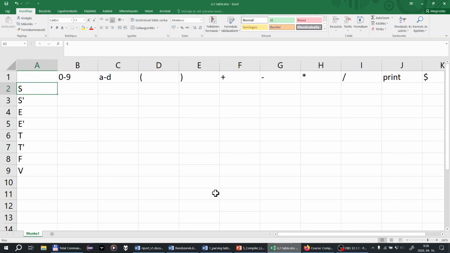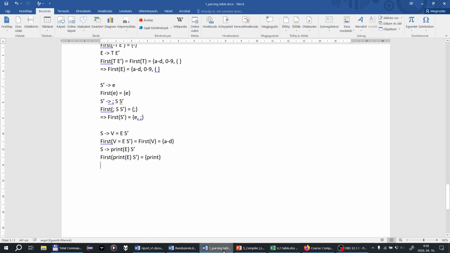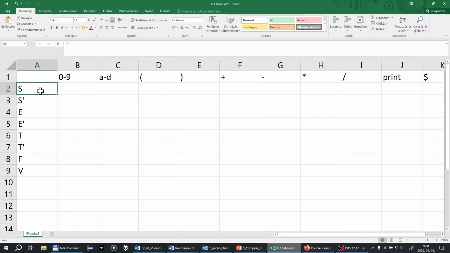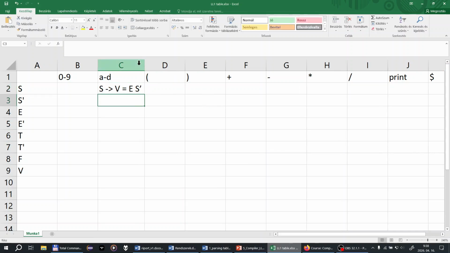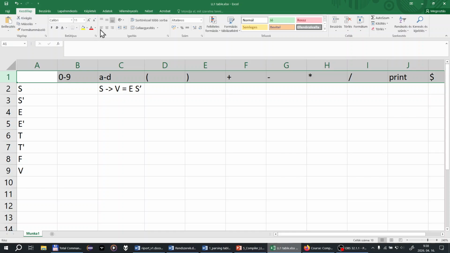I think that's all. Okay, let's see what we have for the S. For A to D, we have this grammar rule. So if we have the initial symbol and the variable, then we have to apply this rule based on the first set. Okay, let's see.